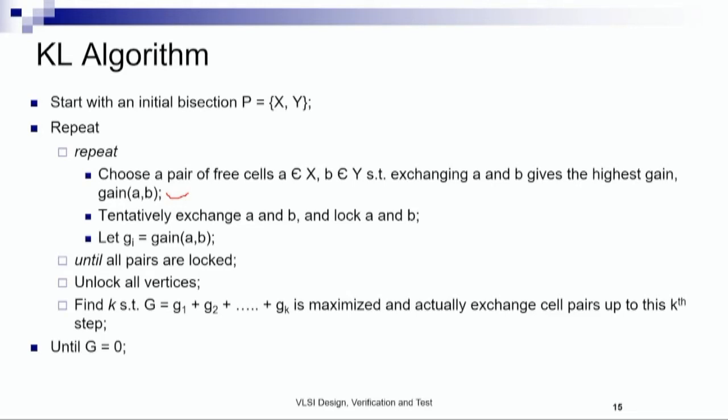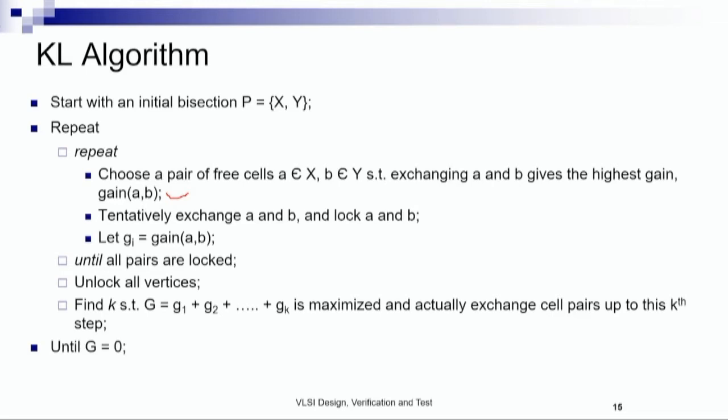How do we choose these two vertices? We choose these two vertices such that after exchange they will give us the highest gain among all vertices in X and Y in terms of reduction in cut size.